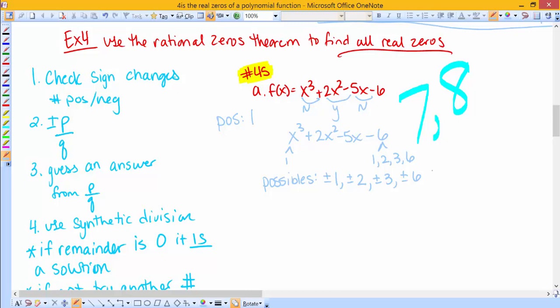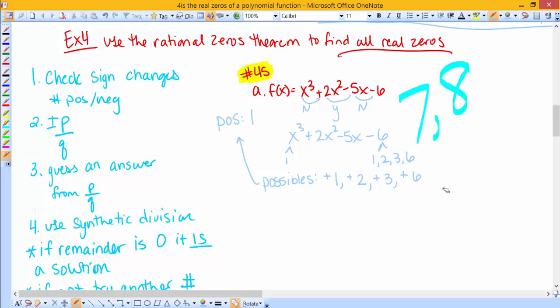But remember, because I know that there is one positive solution, I am not going to try the negatives. I'm not going to try them. There might be one that is a solution, but I'm not going to try it yet. These are the 4 that I'm going to try with synthetic division. So you pick one. And you could pick 1, you could pick 2, you could pick 3, you could pick 6.